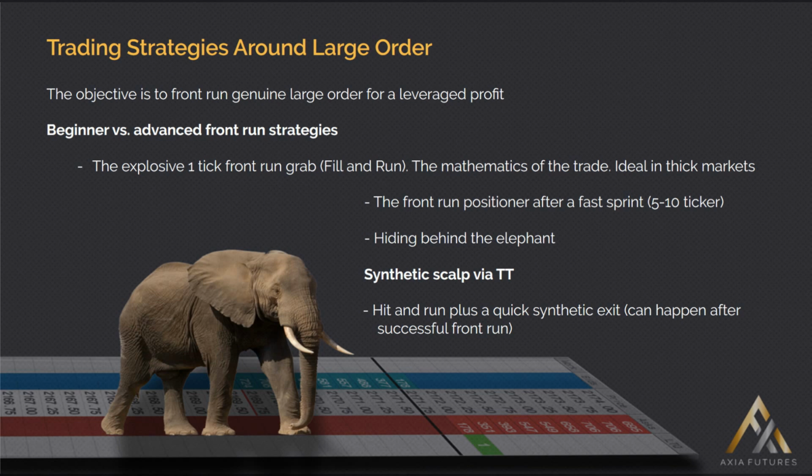For example, in the treasury market, if they see a 4,000 lot genuine order, they then execute a front run trade just above it, looking for one tick, and they'll do it with 200-300 lots sometimes just for that one tick.